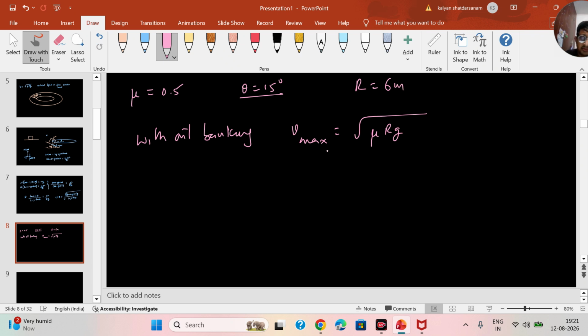Let's find the maximum speed here with which you can turn. Mu is 0.5, r is 6, g is 10. So you are getting it as 30 meters per second. I am obviously calculating it, so let me take my calculator.